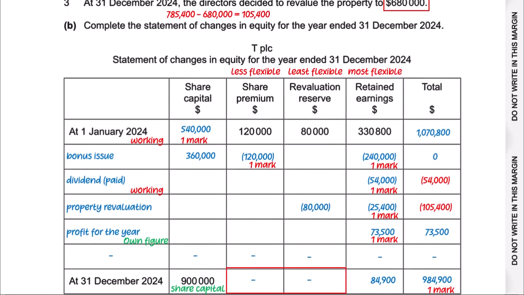Share premium and revaluation reserves are completely exhausted, whereas the retained earnings are also a part of equity. Okay, so let's quickly and correctly place all of these figures and amounts in the statement of financial position.